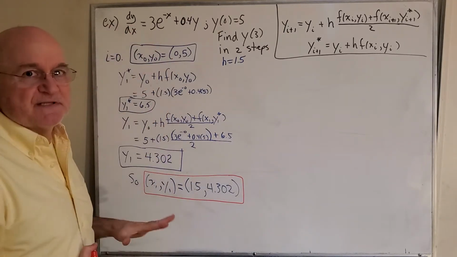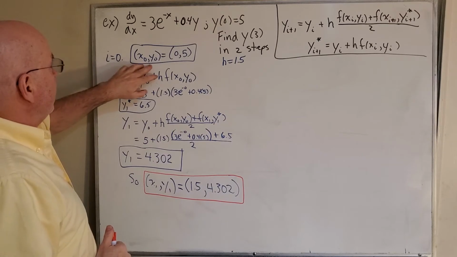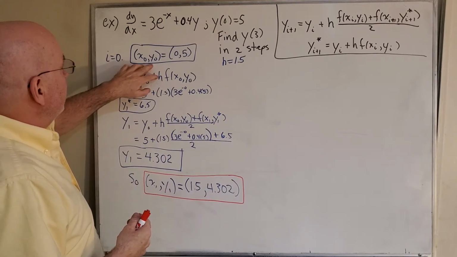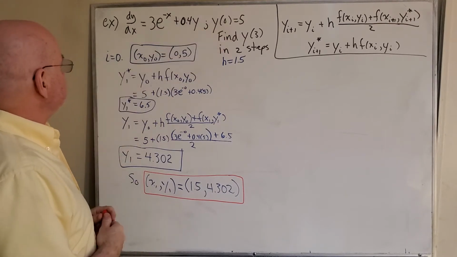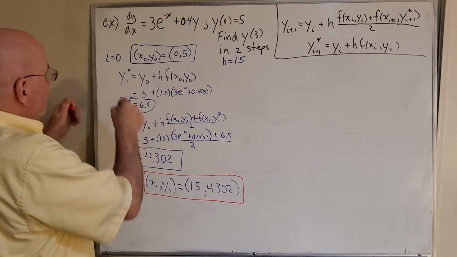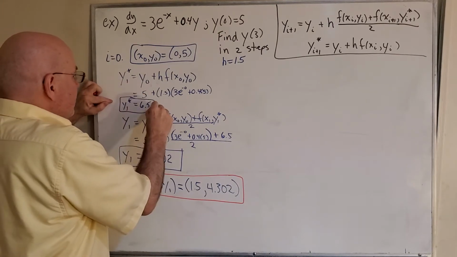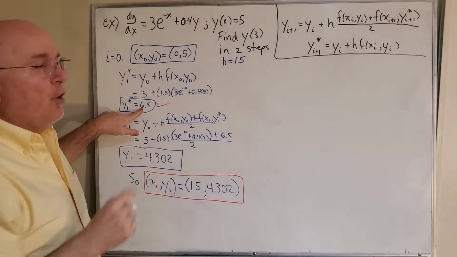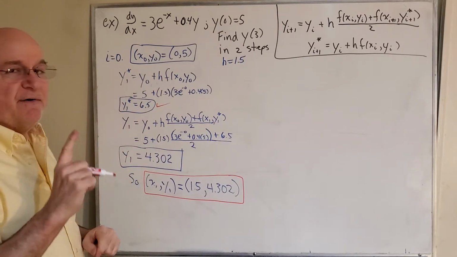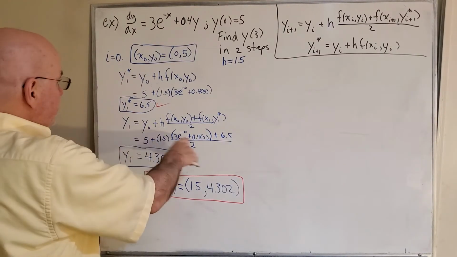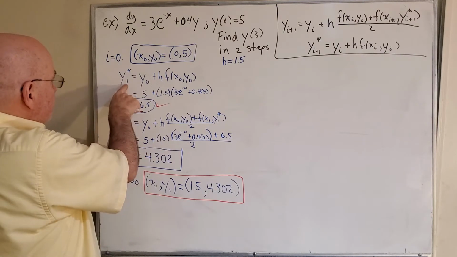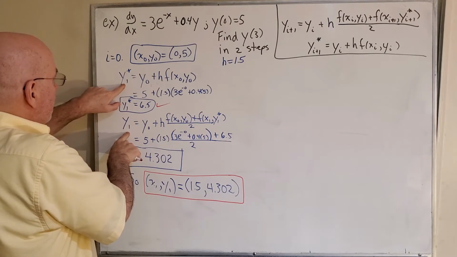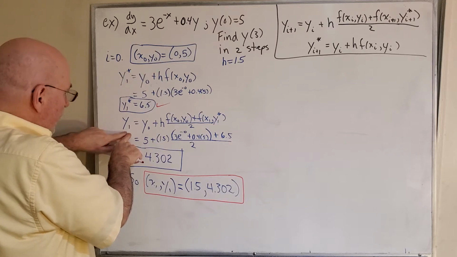All right, I've already worked some of it out. We know x0, y0, it was given to us right here. So then, this should look familiar. Y1 last time, didn't we get a 6.5? Well, we're just calling this a temporary variable right now. We're going to use it in the real computation of y1, not y1 star, but y1.